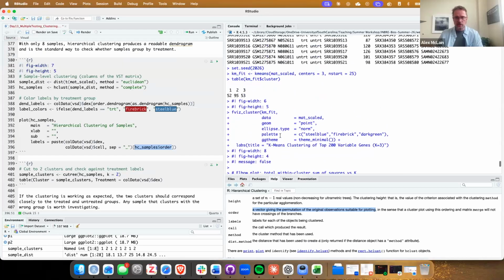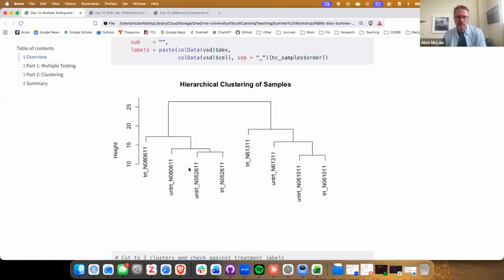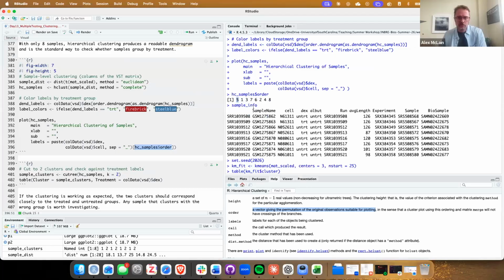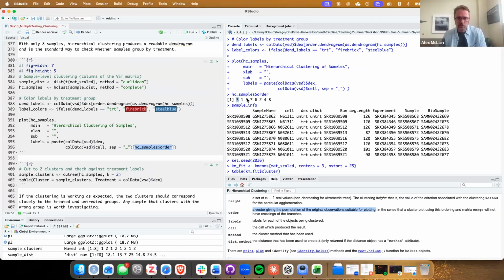Okay, so what does the ordering vector tell us? Well, it tells us that the fifth sample is the first one. The first sample is the second one. The third sample is the third, and the seventh sample is the fourth. So let's look at these. The fifth sample, 1, 2, 3, 4, 5, is this one right here.